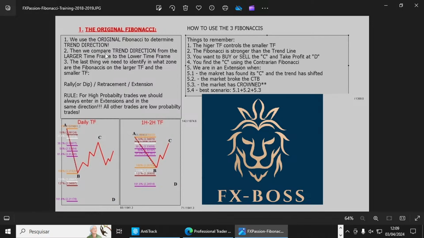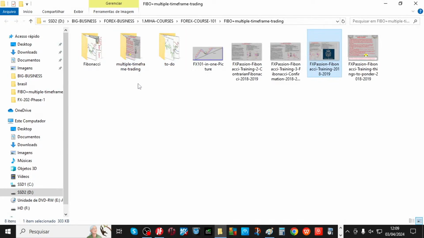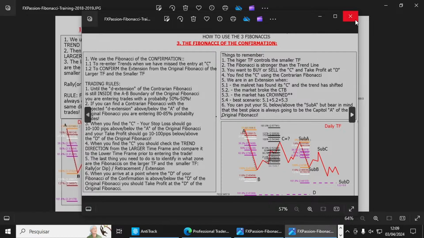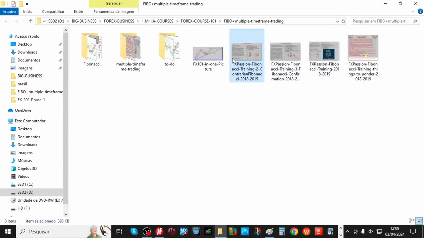Number two, we compare trend direction from the larger time frame to the lower time frame. And number three, the last thing we need to do is identify in what zone the Fibonaccis are on the larger time frame and the smaller time frame. So this is as far as it goes for the original Fibonacci, and confirmation comes tomorrow.